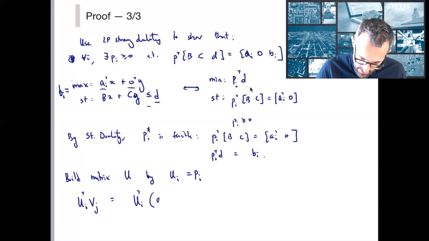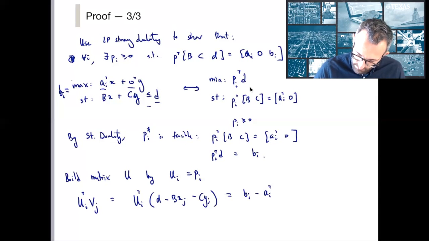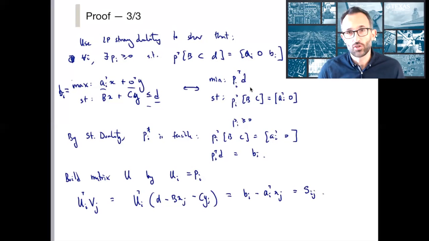Vj is d minus B xj minus C yj. And this is therefore equal to Ui d is equal to bi, Ui B is equal to Ai, and Ui C is equal to 0. So this is exactly the ij entry of our slack matrix.